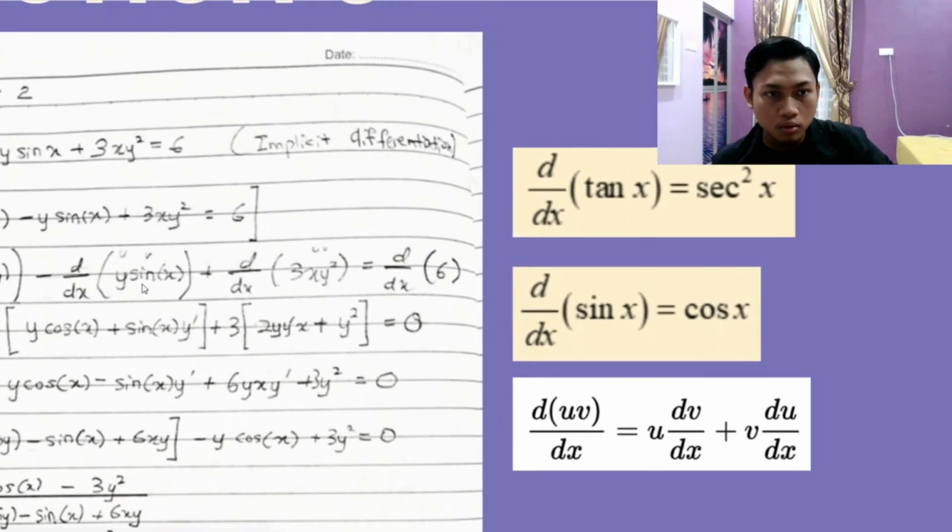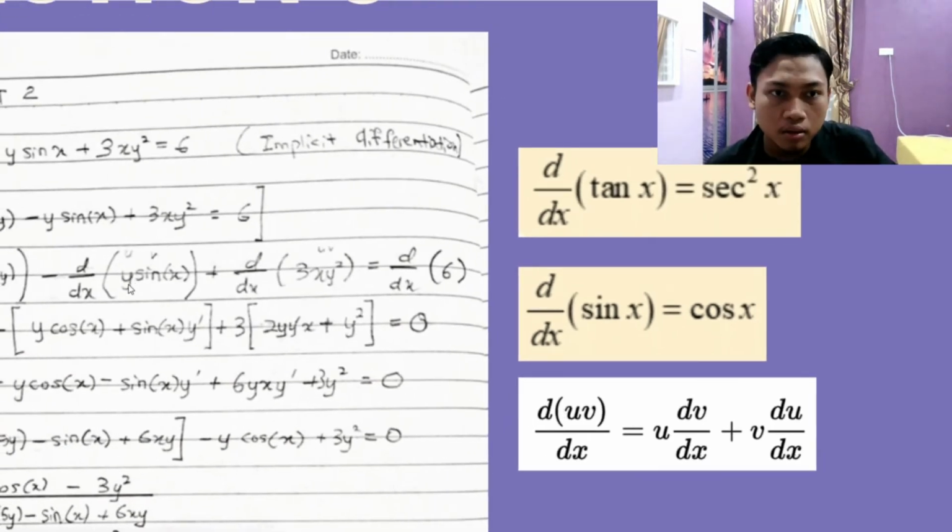So u is equal to y, and here dv over dx, we differentiate sin x, we get cos x. And then we continue with the formula plus v du over dx. We put v here, sin x, du over dx is our y. We differentiate y, become y prime. So that's done for that part. We've done our product rule. It's just as simple as that.